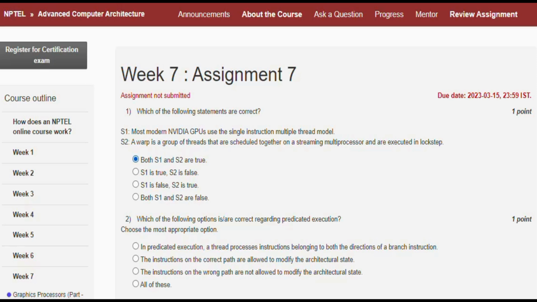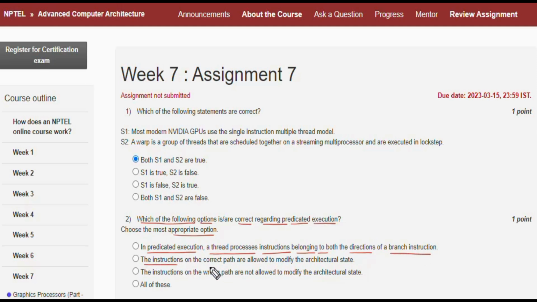Now moving into the next question, question number 2. Which of the following options is/are correct regarding predicated execution? Choose the most appropriate option. In predicated execution, a thread processes instructions belonging to both the directions of a branch instruction.